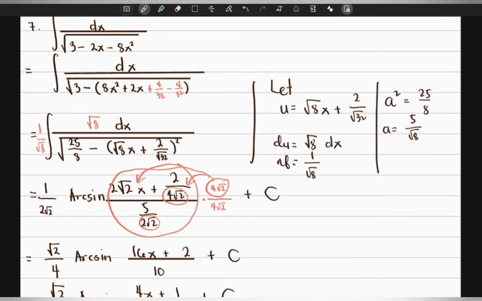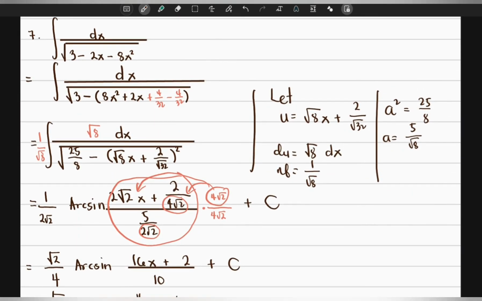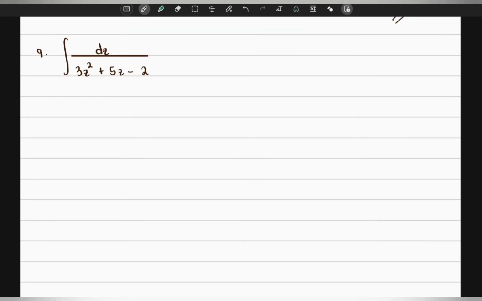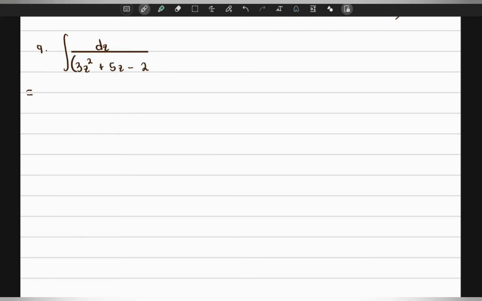Para mas madali yung completing squares, since wala namang square root, ilalabas natin yung 3 para mas madali yung process.